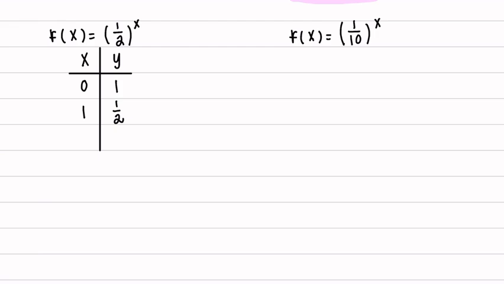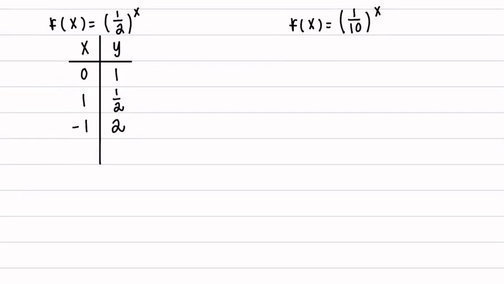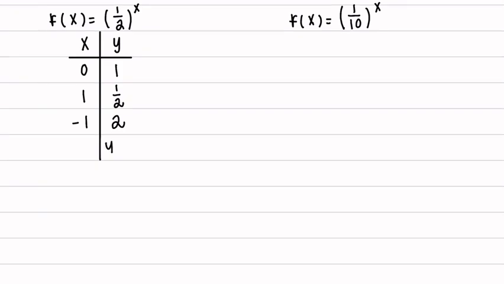But what if I wanted nice whole numbers? What about plugging in -1? If I plug in -1, 1/2 to the -1 power would be 2. And I now have nice whole numbers, which are useful when trying to transform. I'm also going to add to my table y equals 0. And I'm going to highlight these values that I liked. I liked 0, 1, and -1, 2.